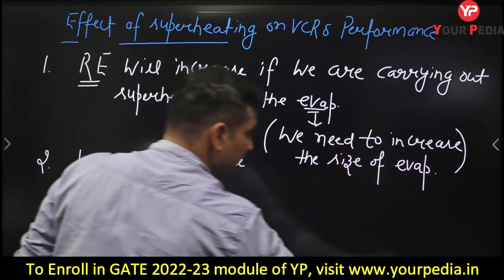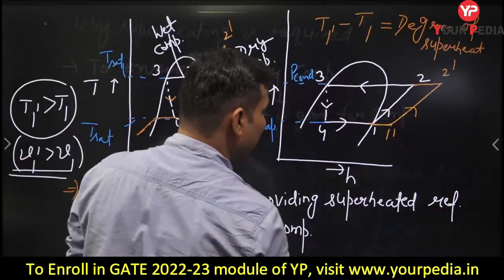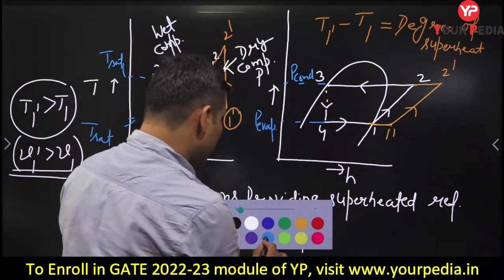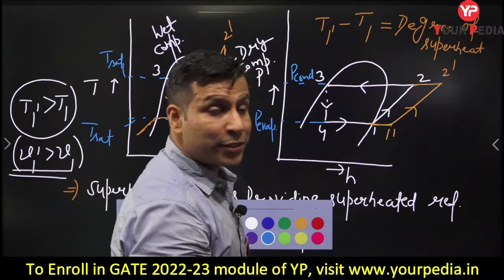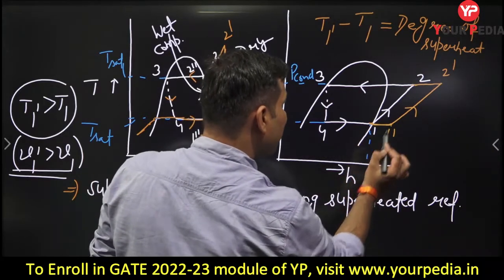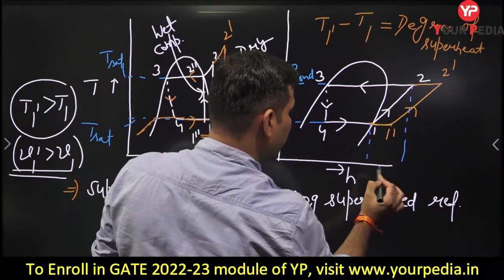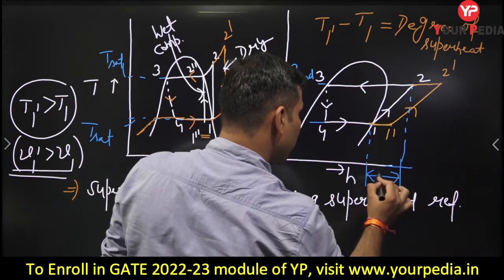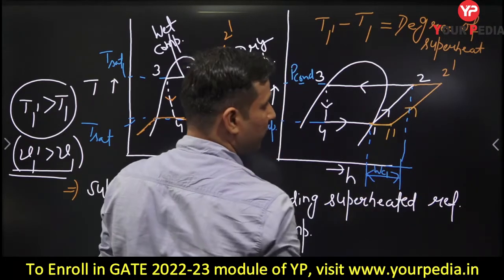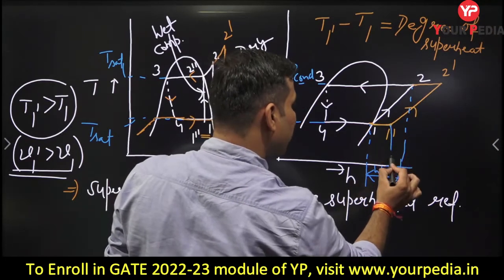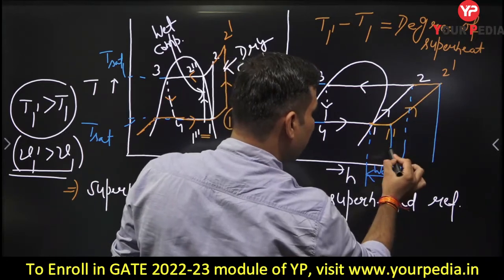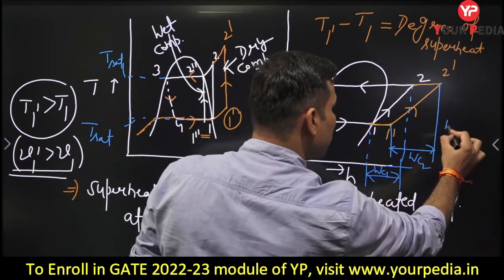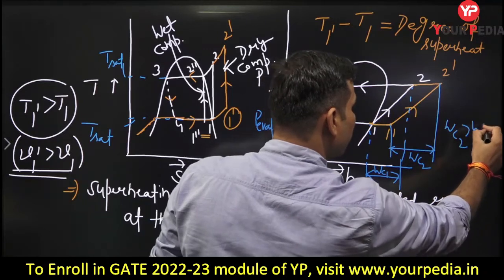Okay, so that is very difficult to analyze from this diagram, because you can say the pressure is same, but if you go with the slope here, guys, this particular work is WC1, compressor work 1, and now this particular enthalpy difference is WC2, and this WC2 is more than WC1.